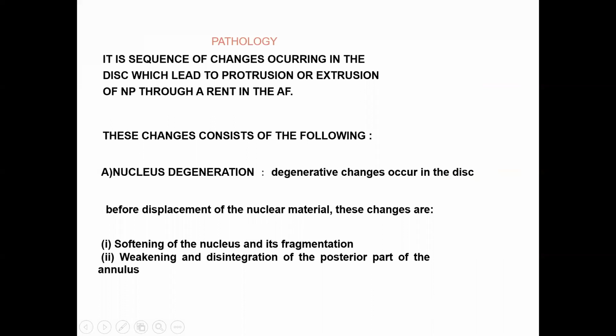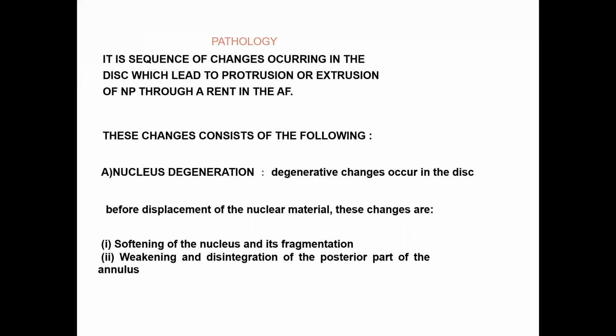Here comes the pathology of intervertebral disc. It is a sequence of changes occurring in the disc which lead to protrusion or extrusion of NP through a rent in the AF. The changes consist of the following.